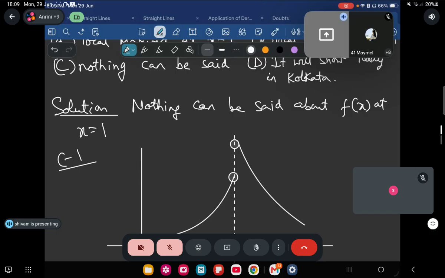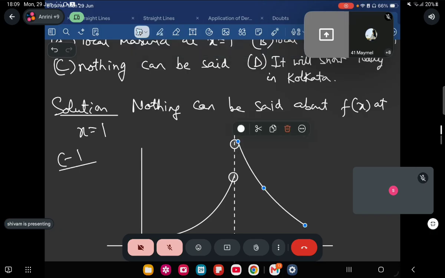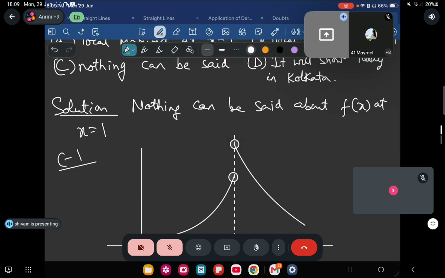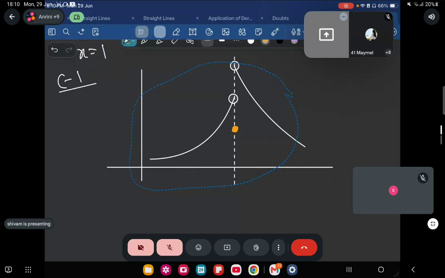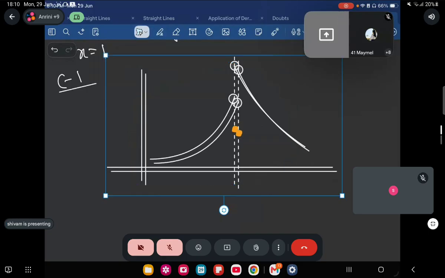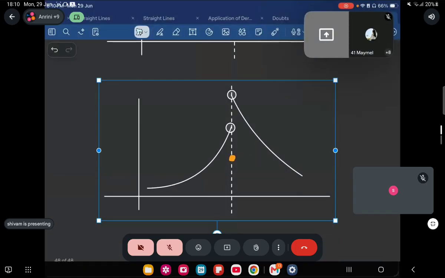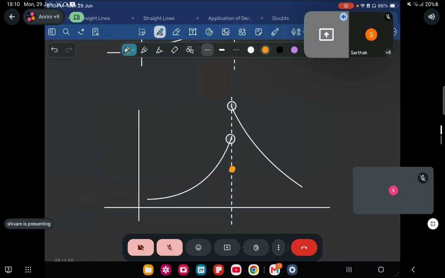From 1 comma 2, it can go like this. And at x equal to 1, exactly 1, the point can be over here. You can get a local minima. Next, case 2, it can be somewhat like this. The point can be above both. Correct.